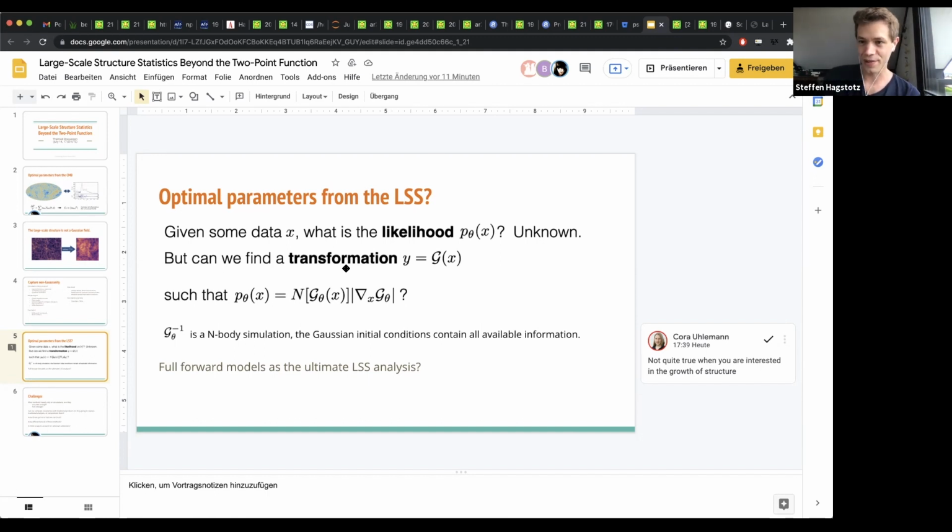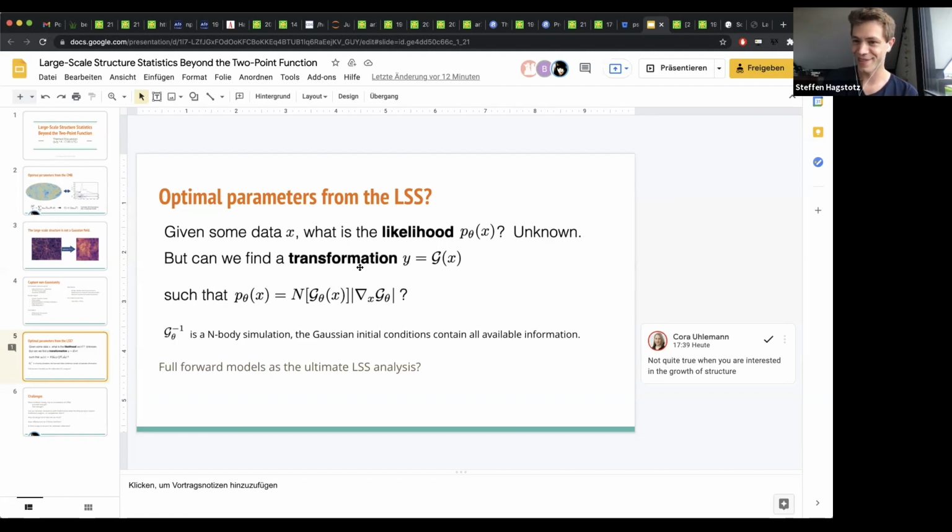In the large-scale structure, that's no longer the case. But is there a transformation that goes back to the initial conditions, right? The answer is yes. This is kind of what we call an n-body simulation. So if you have the large-scale structure and you apply an inverse n-body simulation, you end up with the initial conditions that gave rise to that large-scale structure.